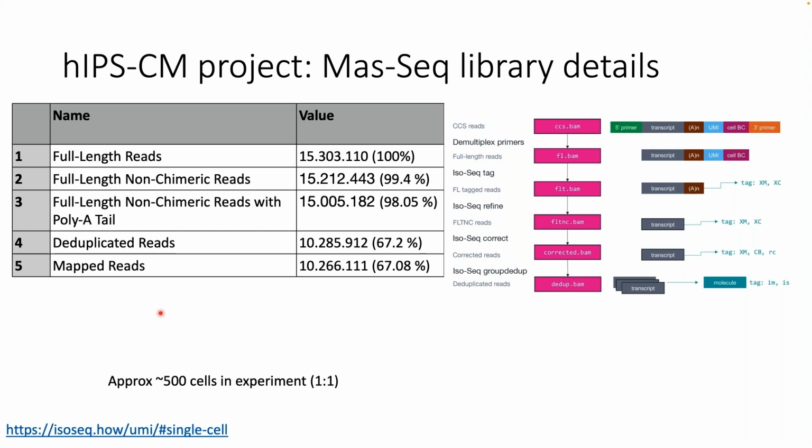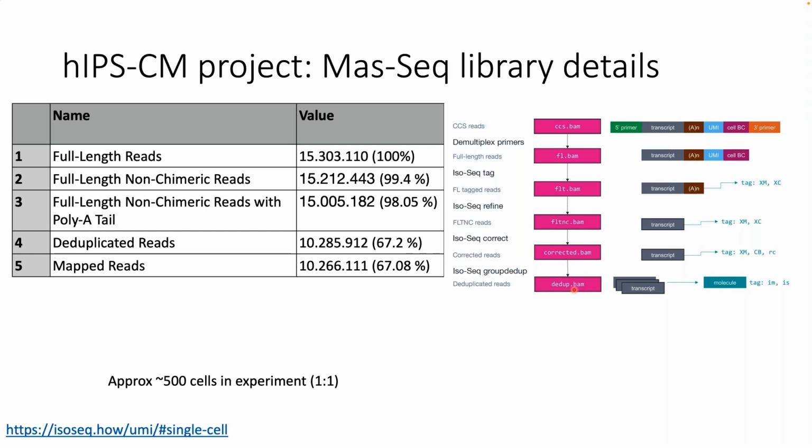And then if you go through the bioinformatics pipeline, you get essentially individual full-length reads. You get the tagged reads that will tell you about the unique molecular identifier and the cell barcode. And then, of course, you refine your reads further, and that leads you also to some error corrections as part of the bioinformatic pipeline.